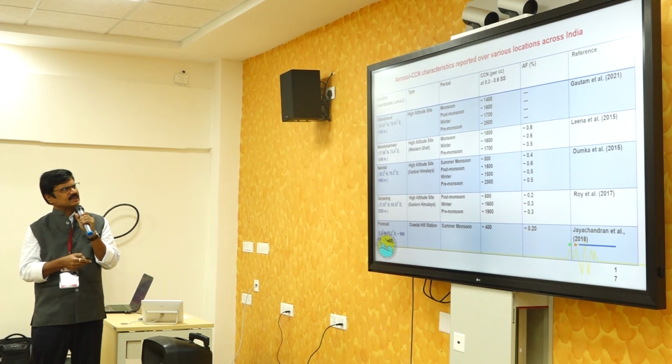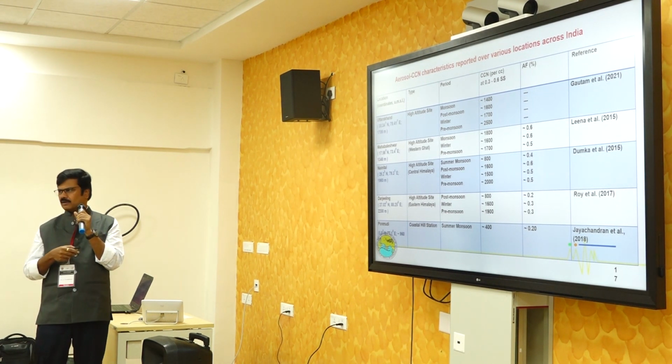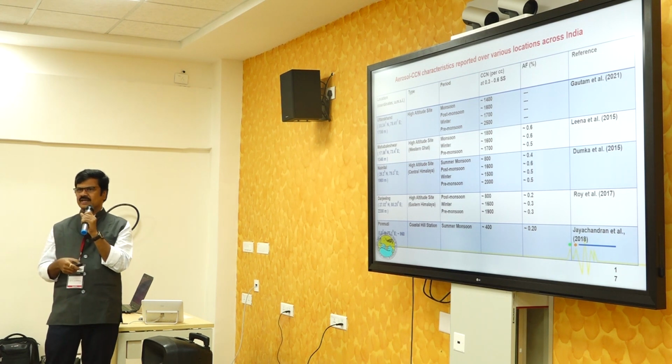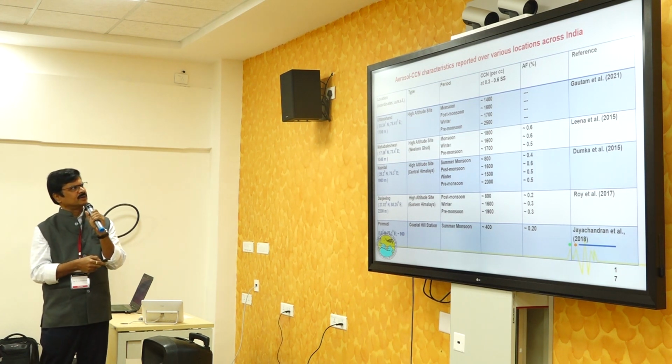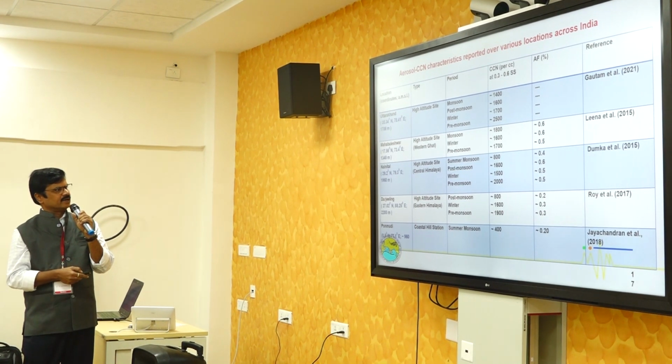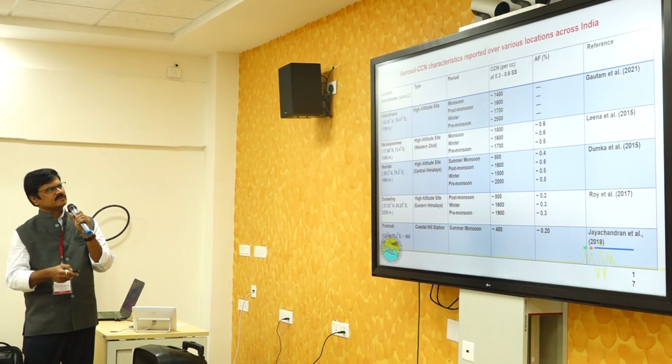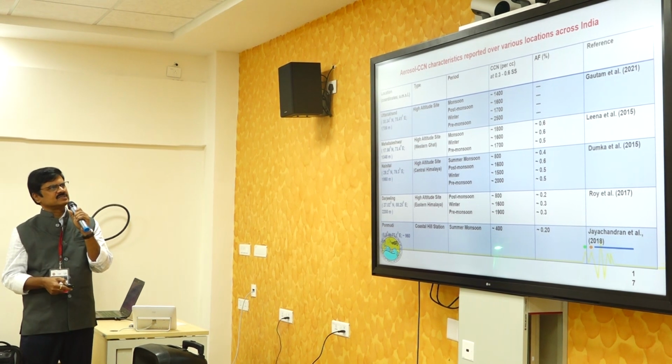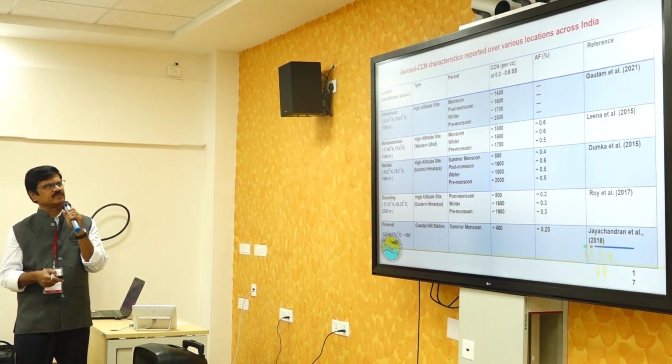So this is a summary of the different CCN measurements ongoing at different places over India, covering from Uttarakhand, a high altitude site. All are almost high altitude sites. Nainital, Darjeeling, Ponmudi. So these show the variability of CCN and the activation fraction.